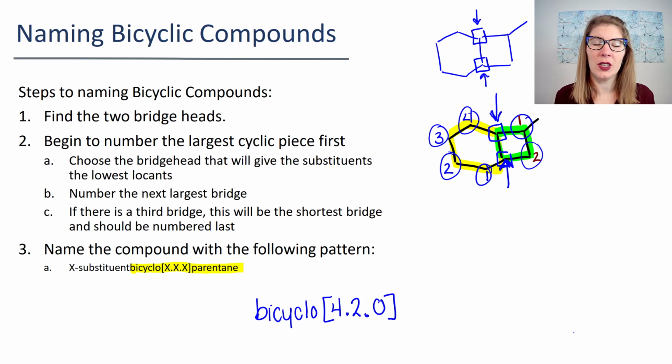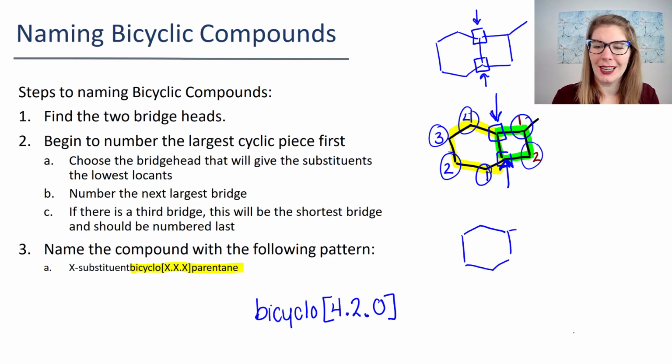Now the parent is going to include the total number of carbons in the bicyclic structure, excluding substituents. If we redraw this really quick, just so that we can keep it not so messy, and we start at one of our bridgeheads. That's 1, 2, 3, 4, 5, 6, 7, 8. There's a total of 8 connected carbons in here where the substituent is exterior to the bicyclic ring system, and we're not counting that as part of our parent.